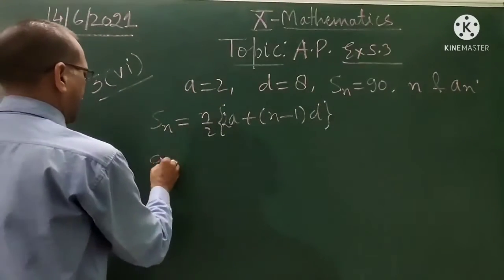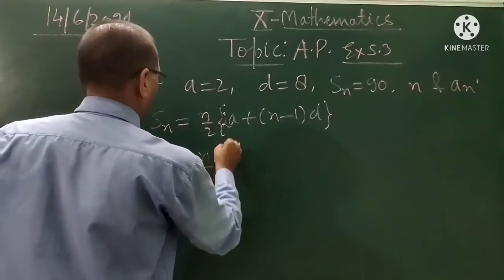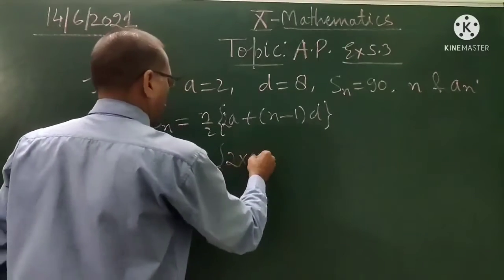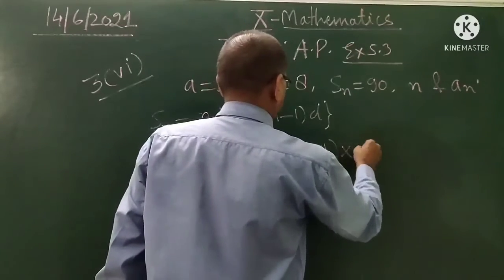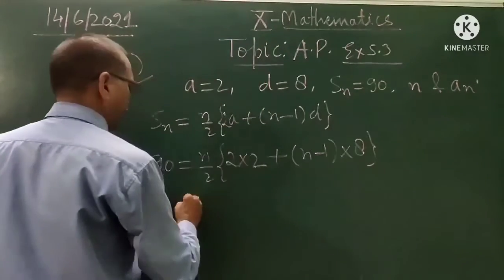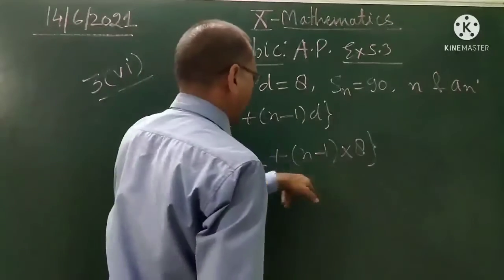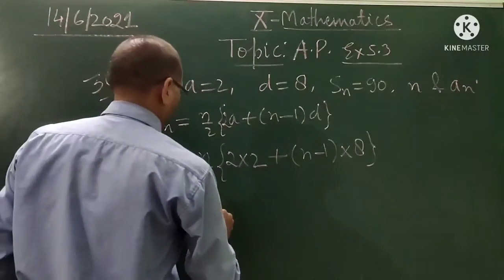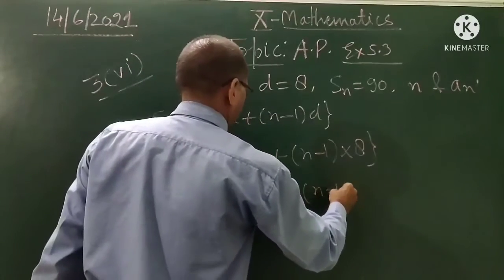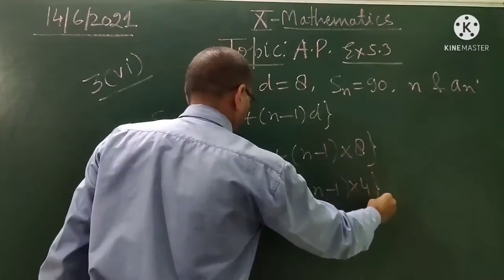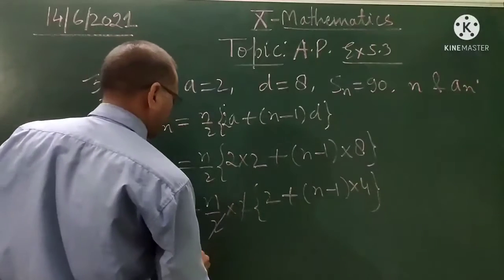Sn is 90, n by 2, 2 into A is 2 plus n minus 1 and D equal to 8. So here 2 is common, so take 2 common and it is 2 plus n minus 1 into 4. 2 cancel.